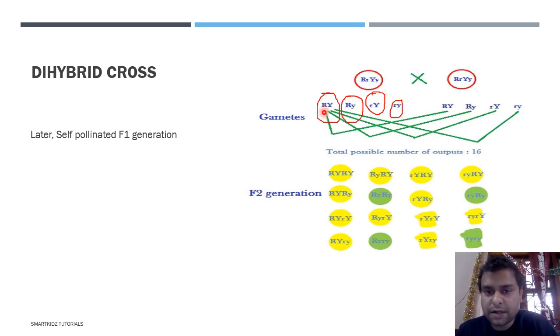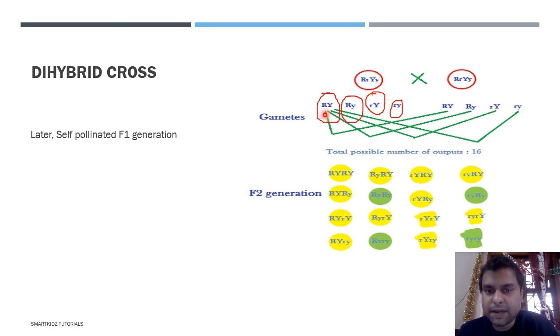When capital R, capital Y combines with the next one, capital R and small y, we get capital R, small y, capital R, capital Y. This also would be round and yellow seeds. Then when capital R, capital Y combines with small r and capital Y, once again we get round and yellow seeds. So this is heterozygous dominant.